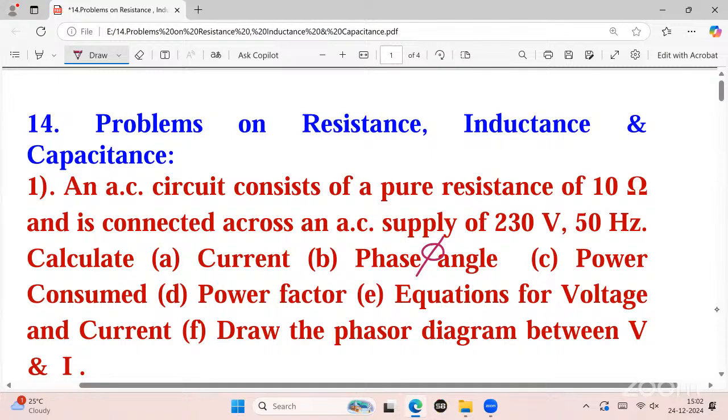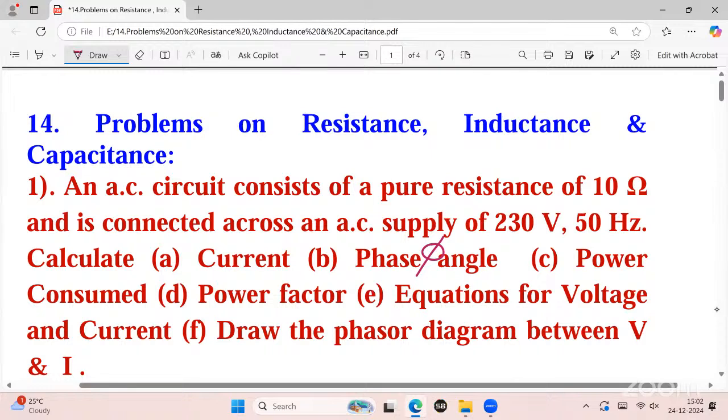Next, E bit. Equations for voltage and current. What is the voltage equation? V is equal to Vm sin omega t. Write down E bit, heading: equations for voltage and current.